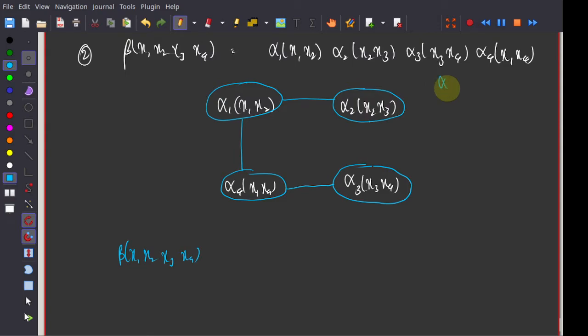So I'll multiply with alpha 5 of x1, x2, x4, and alpha 6 of x2, x3, x4. Alpha 5 and alpha 6 are always equal to 1. Any questions?